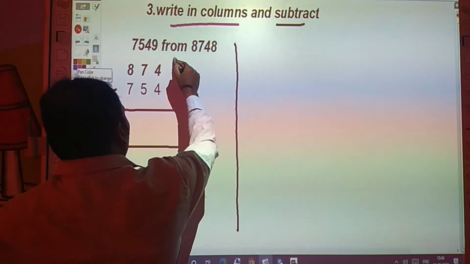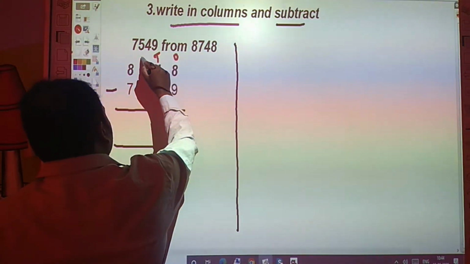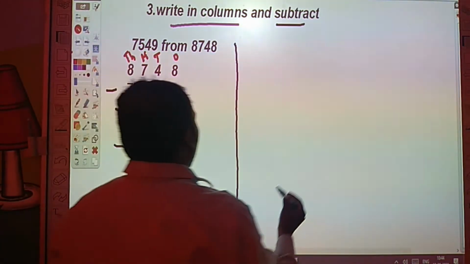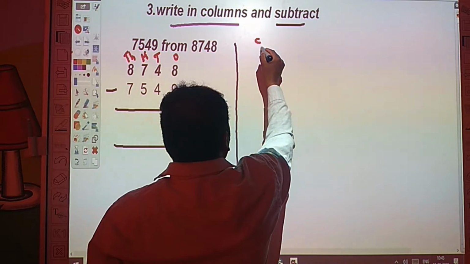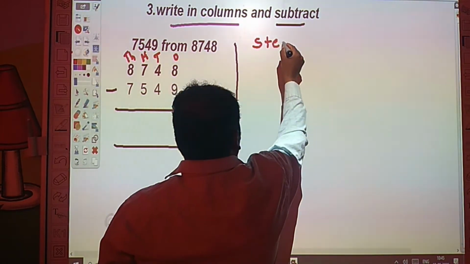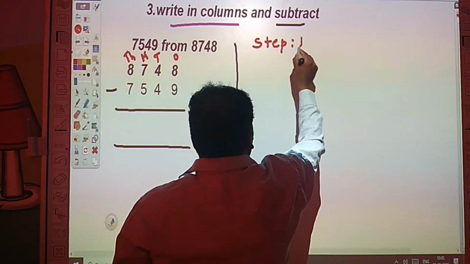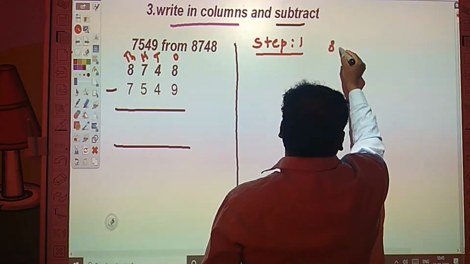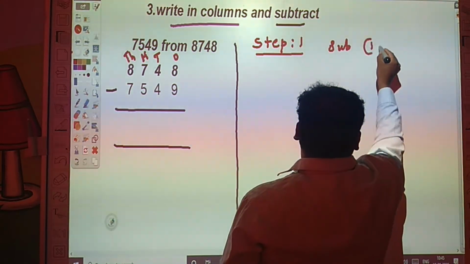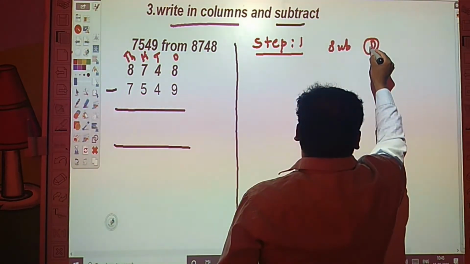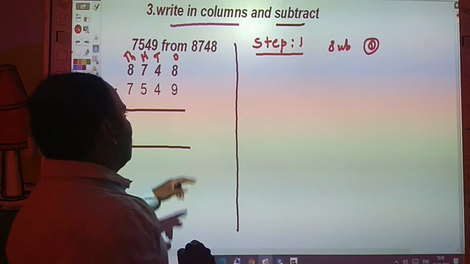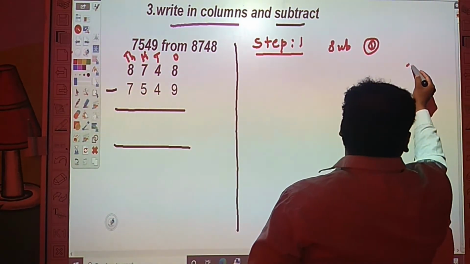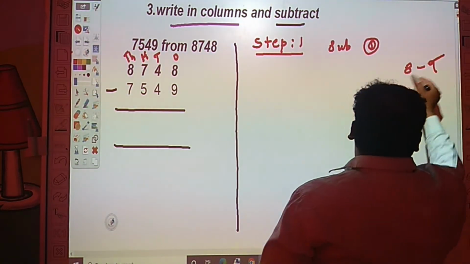Take the place values: ones, tens, hundreds and thousands. Step 1. Ones place. Subtract the ones place. Here our ones place is 8 minus 9. It is not possible.